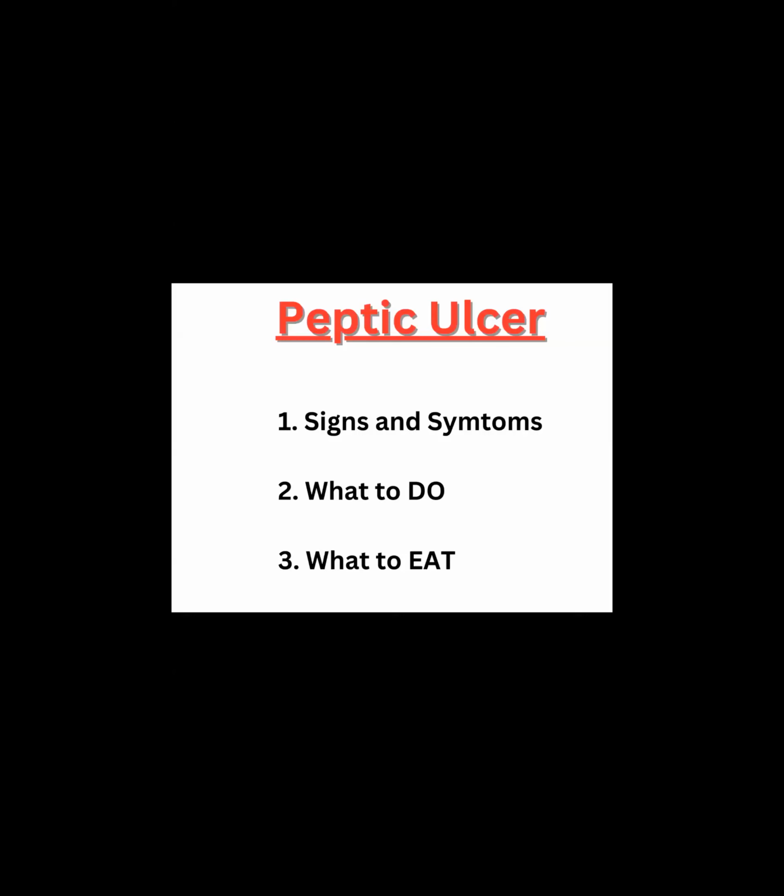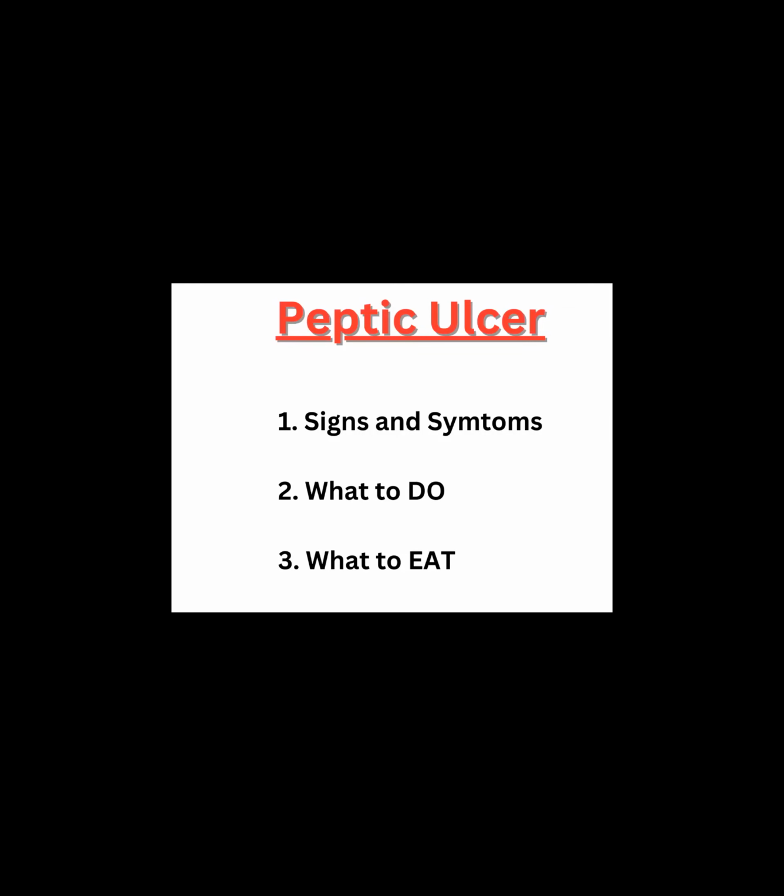If you do not have peptic ulcer, if you have peptic ulcer, you should also do them, including increase the number of times you eat during the day, or let me use the proper word, the number of times you put something into your stomach, at least for 6 to 8 weeks, so that you give the hydrochloric acid something to work on. Then the last part, quickly, is about what to eat.